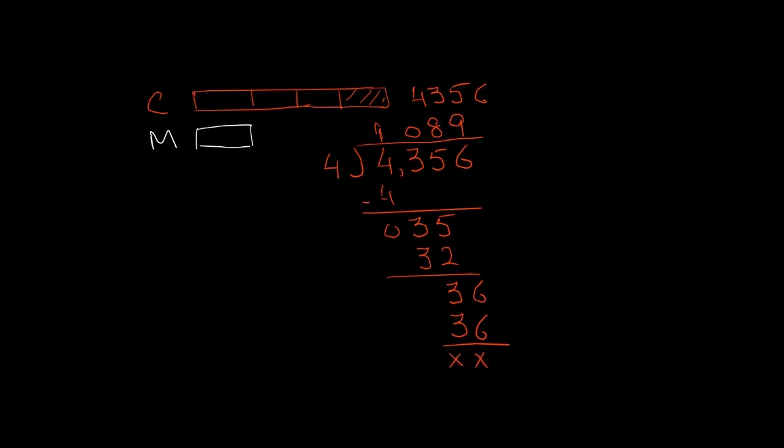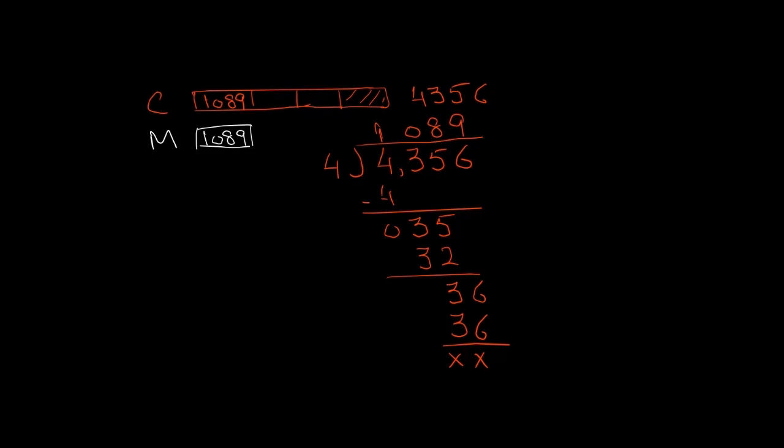So that means each one of these rectangles contains 1,089, so this contains 1,089 cars, but since the rectangles are the same size, the motorbikes are also 1,089.